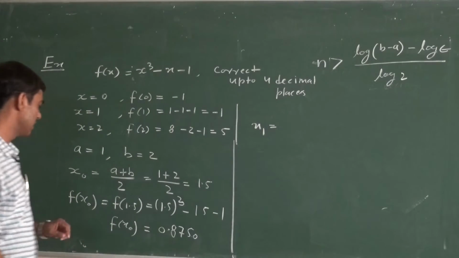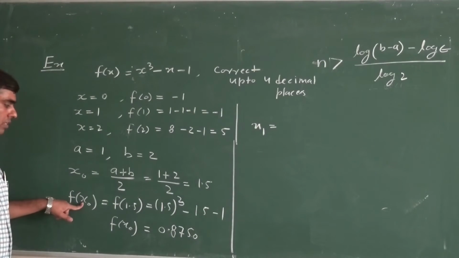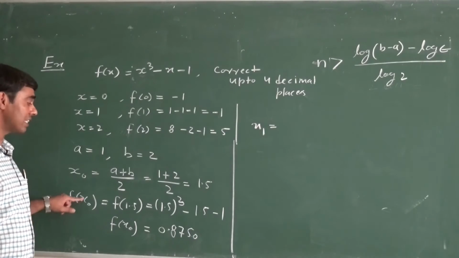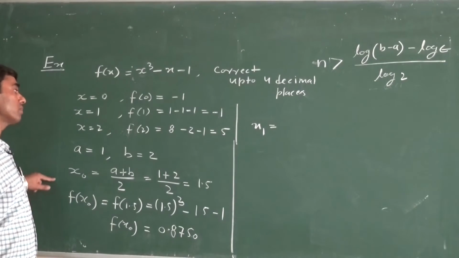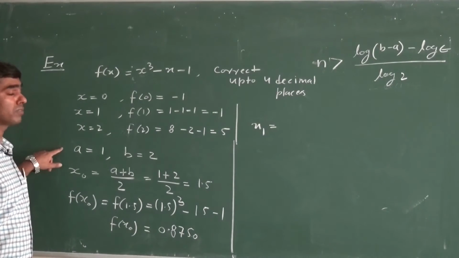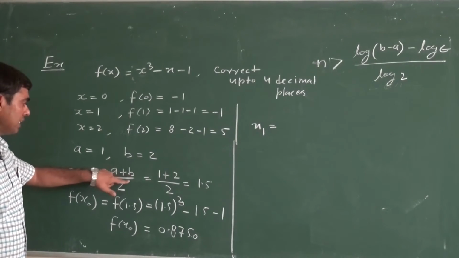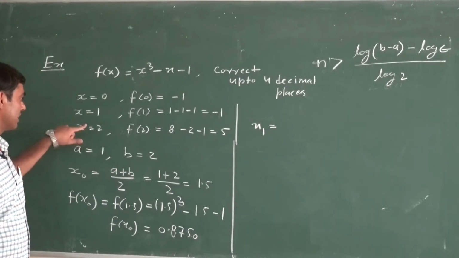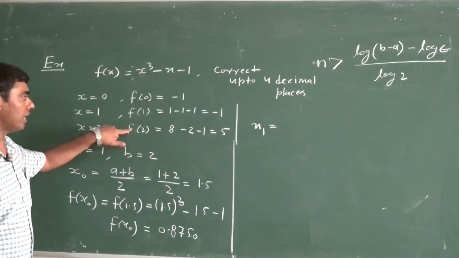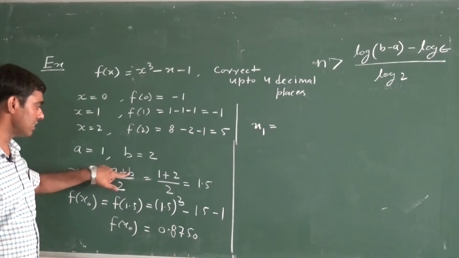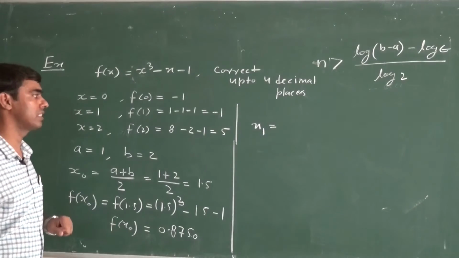At x0, the value of the function is positive. So we interchange such value where in the previous iteration the value of the function is positive. In the previous iteration, at b, the value of the function is positive. So we interchange the value of b with x0.